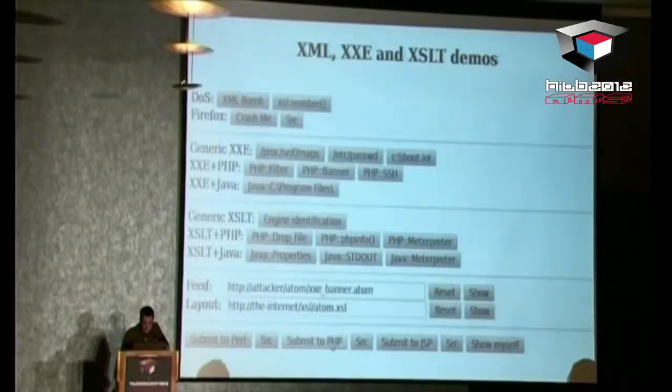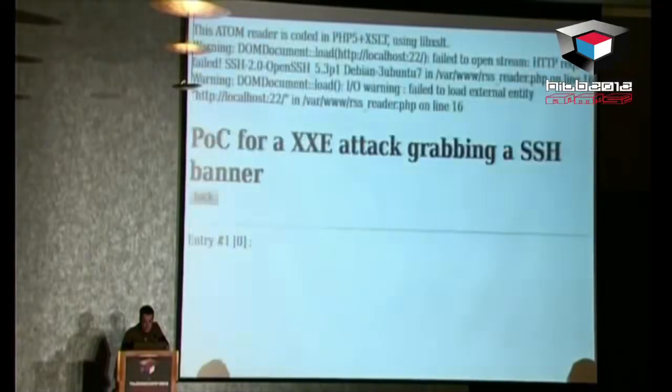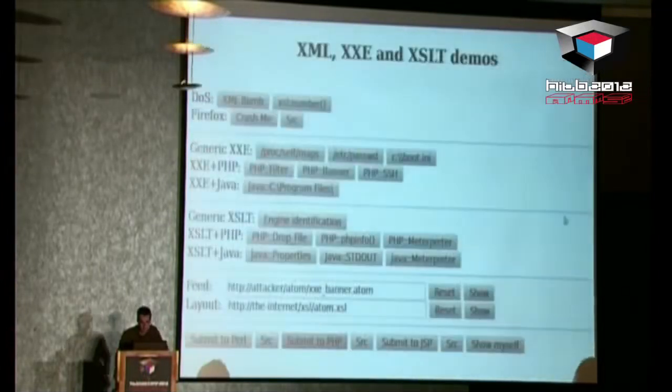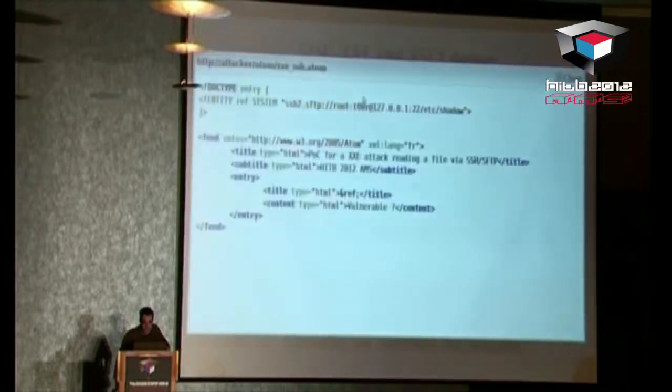Now we will connect to the SSH port on the local machine, and we get everything you need. So I'm using Ubuntu. And here, the local root account has a weak password, and I will try to read the etc shadow file.